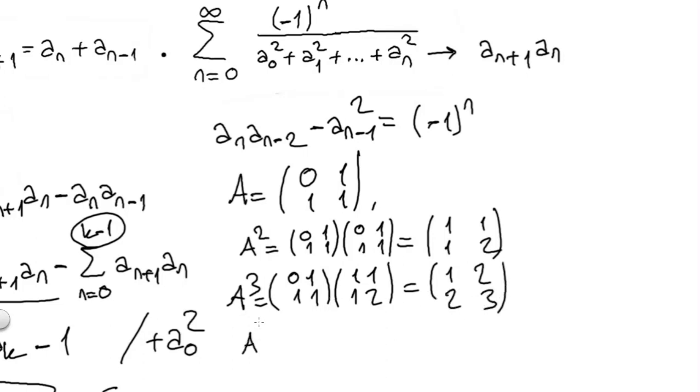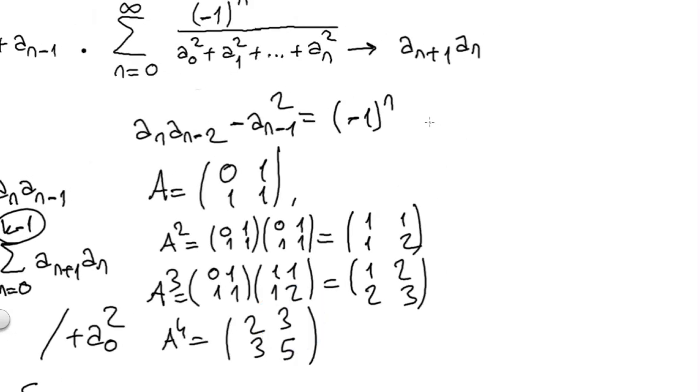If you did it again, I will just write the answer for this one. You can just keep doing this. It will be 2, 3, 3, 5. Sorry, this should be 5, and I got the next Fibonacci number.